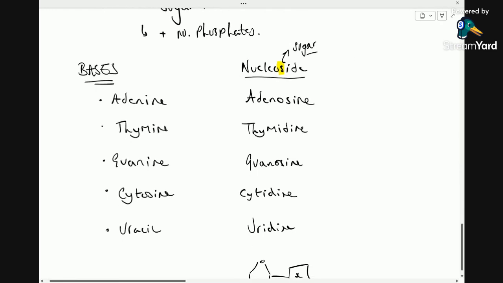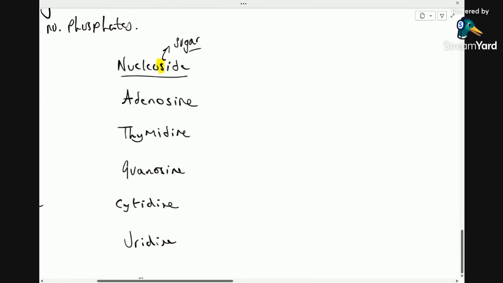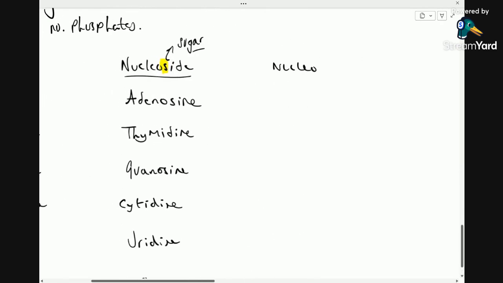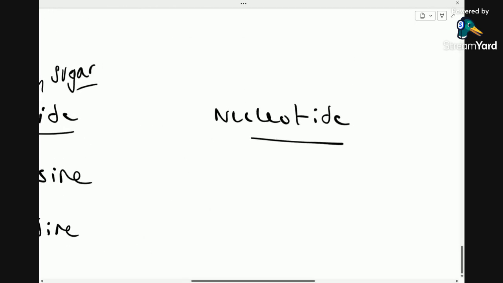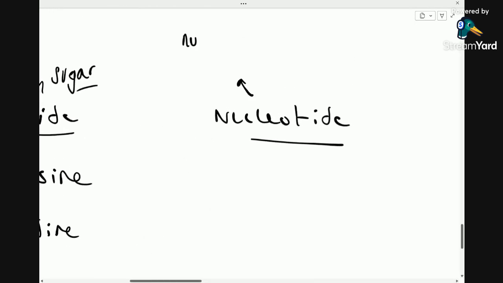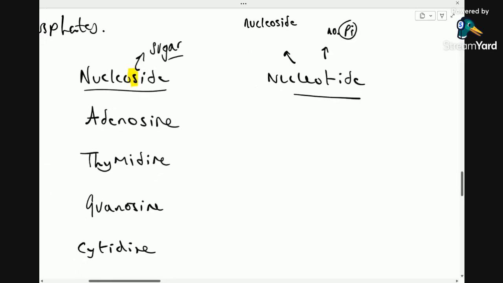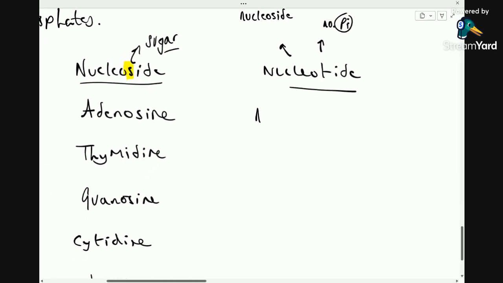Now, what you can then do is add phosphates to make the nucleotide. To name the nucleotide, we name the nucleoside, and then we state the number of phosphate groups that we're adding. So adenosine with 1 phosphate group attached. Don't forget, adenosine is this structure.